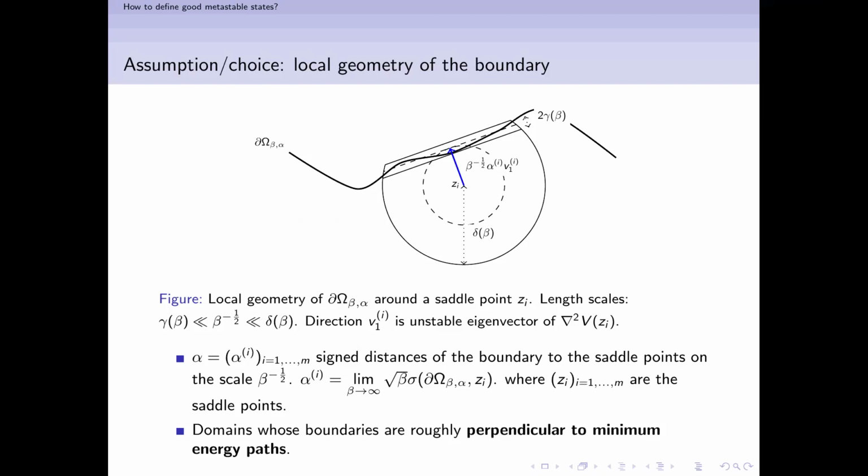But you measure it in comparison to the saddle point. If you're outside, imagine the saddle point is here, where the pointer is, then you will have a negative alpha. And so our parameter is going to be the asymptotic behavior of this distance.